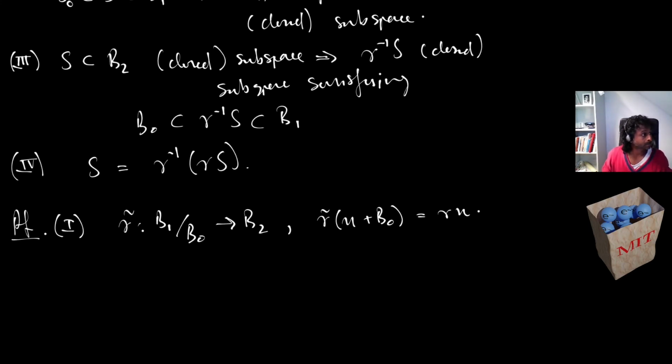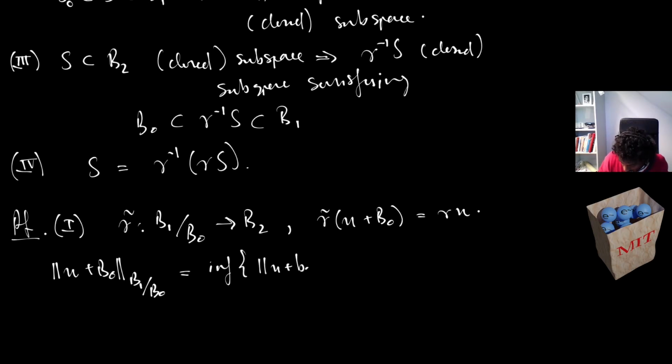Okay, so now what is the norm on this space, right? So we have u plus b naught in this quotient space. So this is exactly equal to the infimum over the u plus b naught, such that b naught is in big B naught, right? Little b naught.